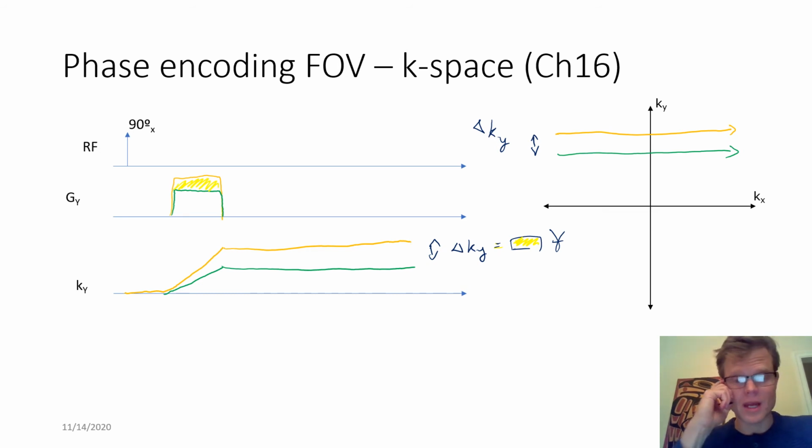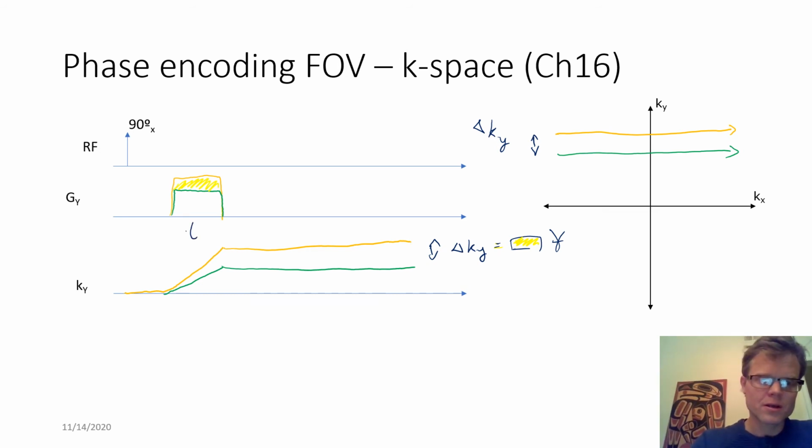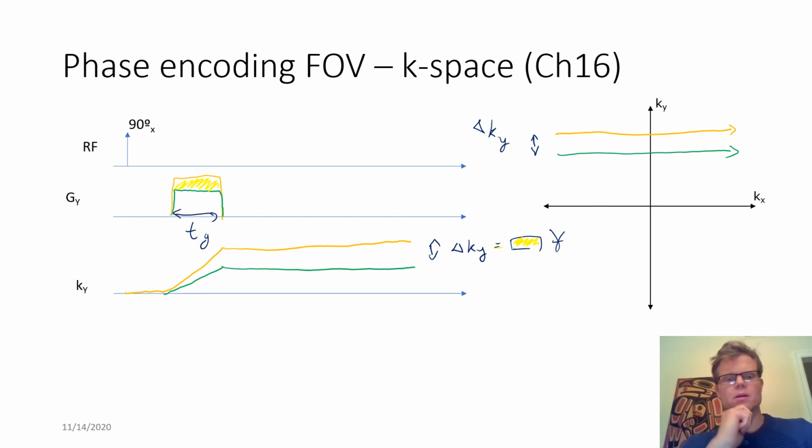To get there, I'm going to have to put in a few values here. Here's the notation we've used for the gradient time. And now I'm going to introduce a notation that I often use, the phase encoding gradient increment, or Gy increment. This is the amount that we're changing the phase encoding gradient between each TR, and this is exactly the thing we need to know to define the field of view.